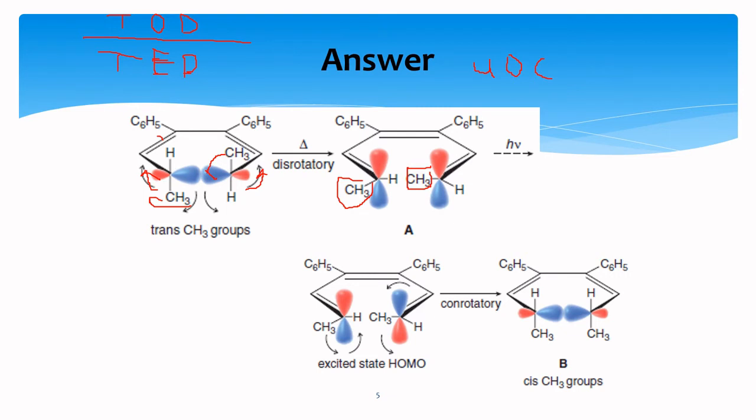When it is conrotatory, the like phases are opposite, and if you turn it around, this CH3 will go here, and this CH3 will also go down. So what you will get is a cis cyclohexadiene.